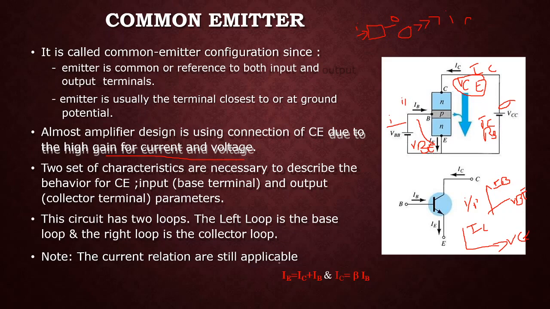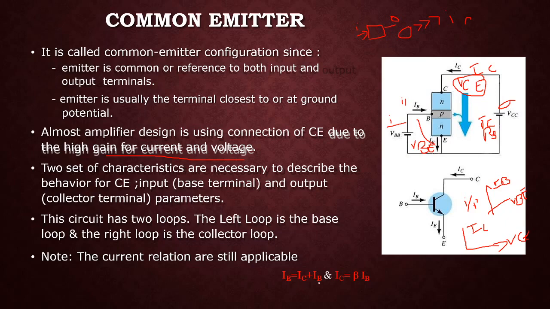In the total equation, for any case, IE is moving outside of the transistor, and IB and IC are moving towards the transistor. So the total current for the transistor is IE equals IB plus IC.